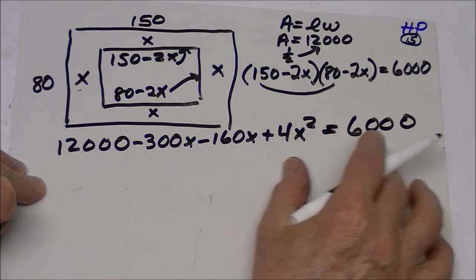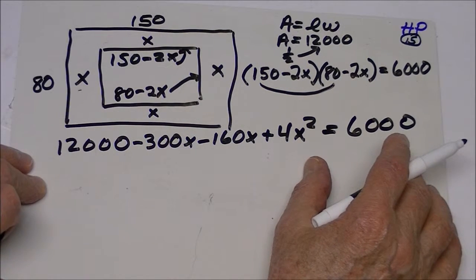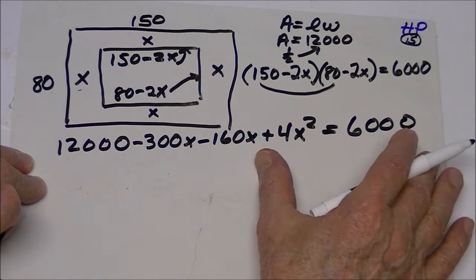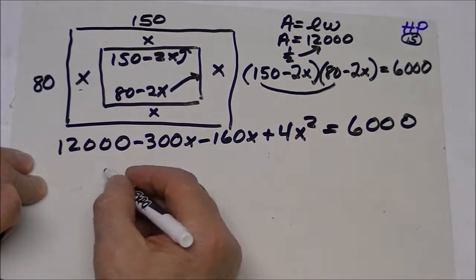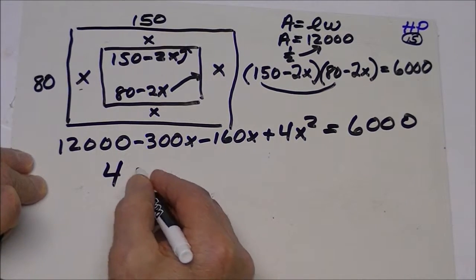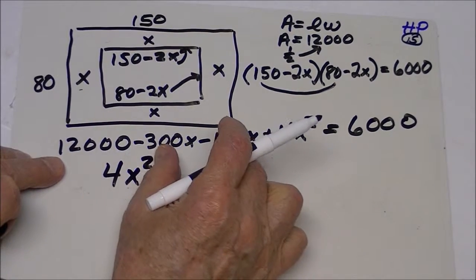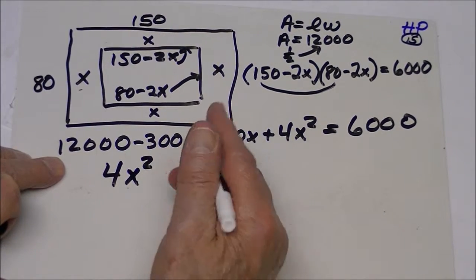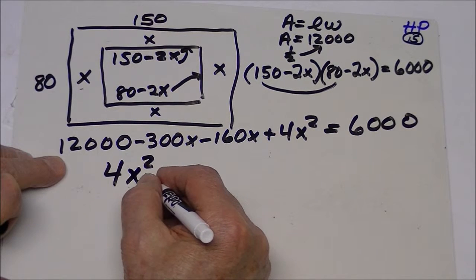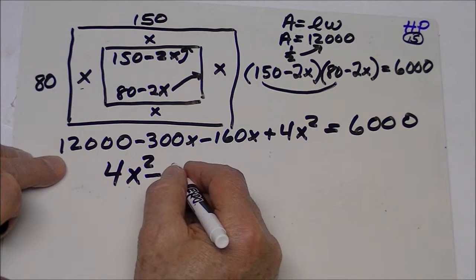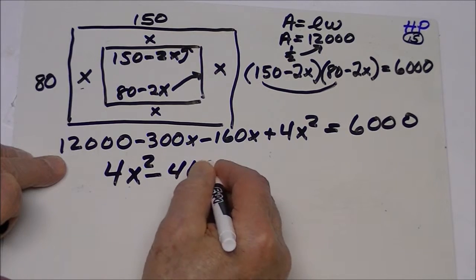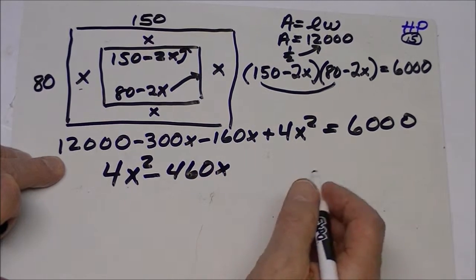So it looks like a quadratic equation. We want to put it in standard form and collect like terms. So we're going to end up with 4x squared here. We're going to group these two together and get a negative 460x.